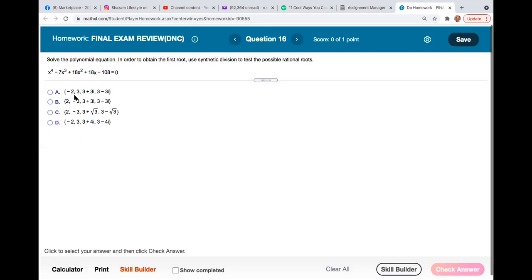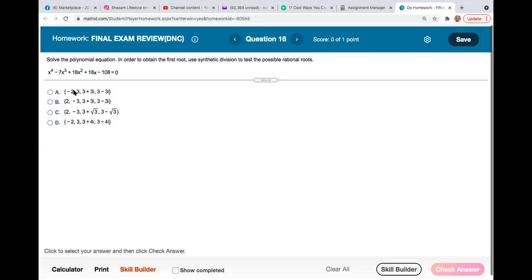So what I'm gonna do right now is ask you guys to check out some of these answer choices to figure out which one of these has the correct exact values, okay? So essentially, what I'm asking you guys to do is to take the 2, plug it in for every single x, so we can figure out, does 2 make the polynomial equal out to 0? Or is it something else that's going to make it equal to 0? So if the 2 makes it equal out to 0, guys, that means that the answer is either going to be B or C. If the 2 doesn't work, then go to the -2 and see if the -2 works.